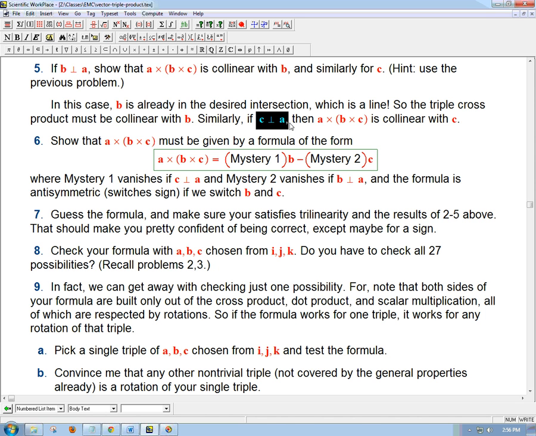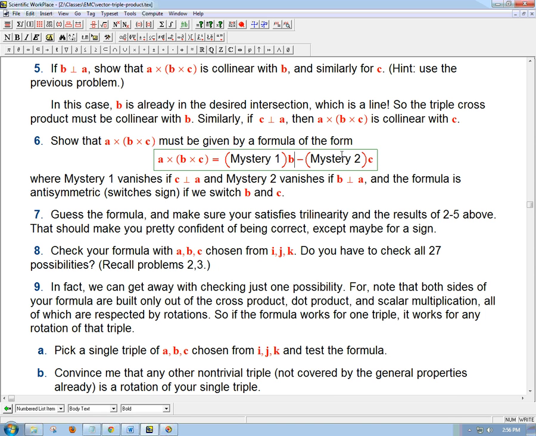If C is perpendicular to A, then A cross B cross C should not need any multiple of B. It should just be a multiple of C. And similarly, mystery 2 should vanish if B is perpendicular to A, because in that case we only need a multiple of B. We also want the formula to be antisymmetric if we switch B and C. Well, that's going to be pretty automatic if we make mystery 1 and mystery 2 the same if we switch B and C, given that I've put a minus sign in already to enforce the antisymmetry.